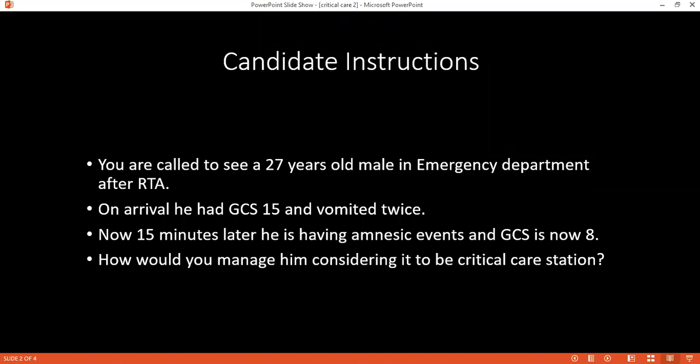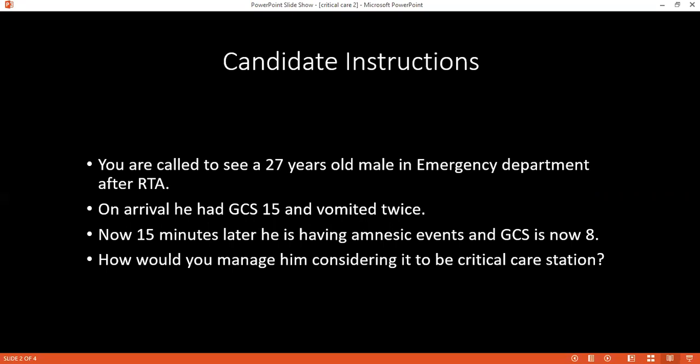Okay. This patient, when you arrived, had a Glasgow Coma Scale of 15, and now after a while it fell to 8. Why? This is a lucid interval. Yes. Can you tell me what is a lucid interval? It is a temporary improvement in the patient's condition after a traumatic brain injury.